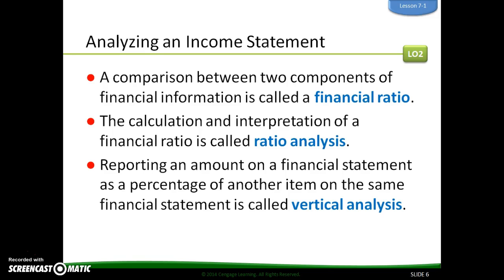And there are times when we really want to be looking at things we see on the income statement in relation to or in comparison to another item. So we might want to be comparing expenses as they relate to our sales and to see how much of our sales can go to certain expenses.